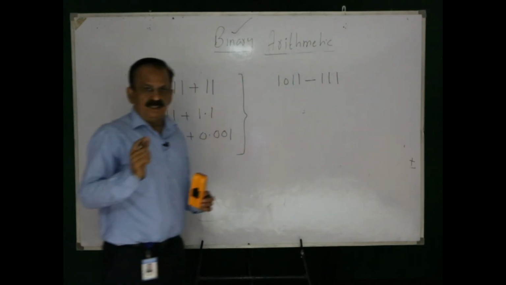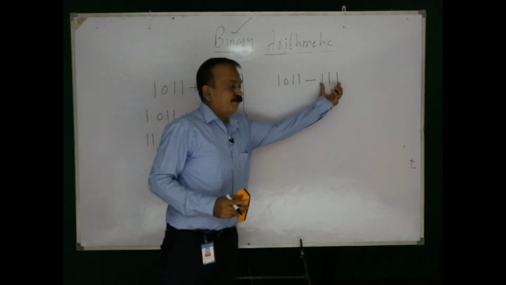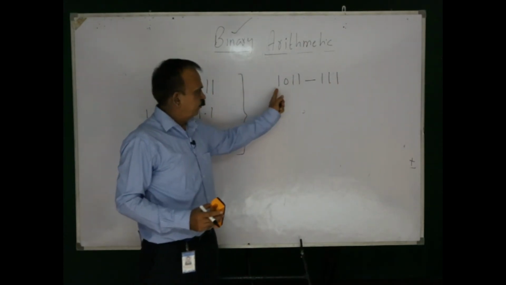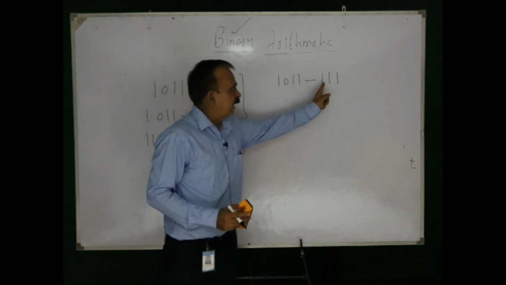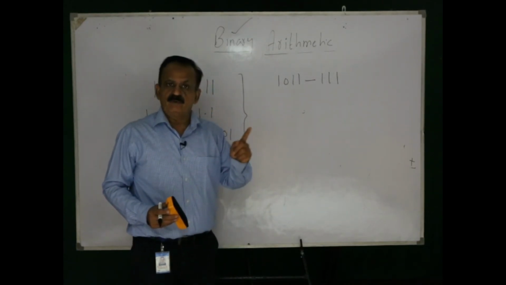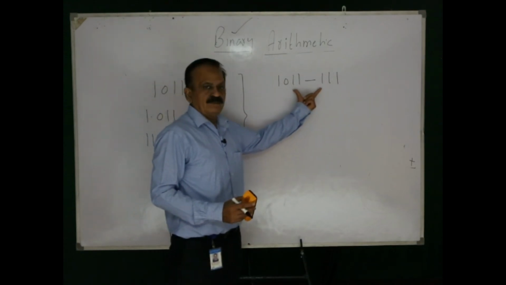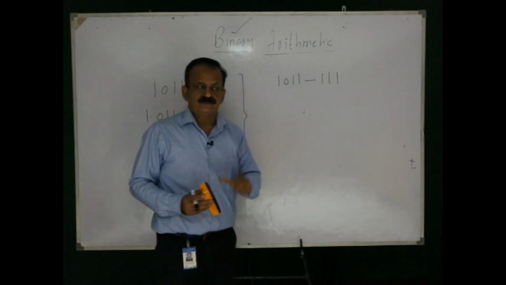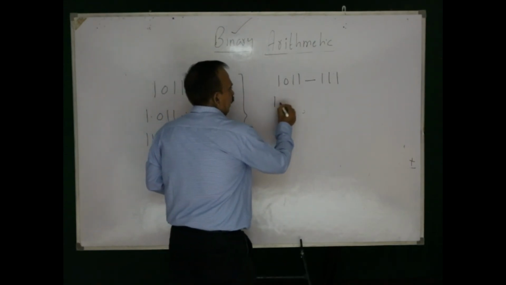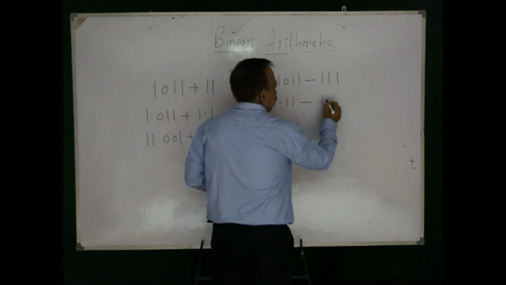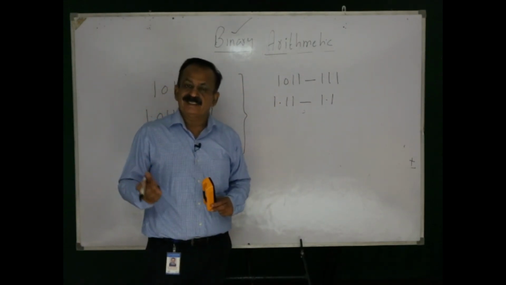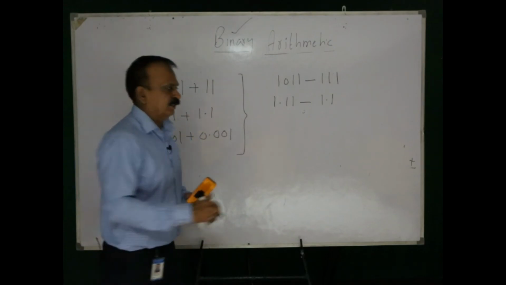The very important thing is, first make the number of bits equal. Like this is 4 bits. You have to write it as 0111. The number of bits of the two should be the same, only then you will get the correct result. Another can be 1.11 minus 1.1. We will be using the 1's complement method as well as the 2's complement method to solve this.